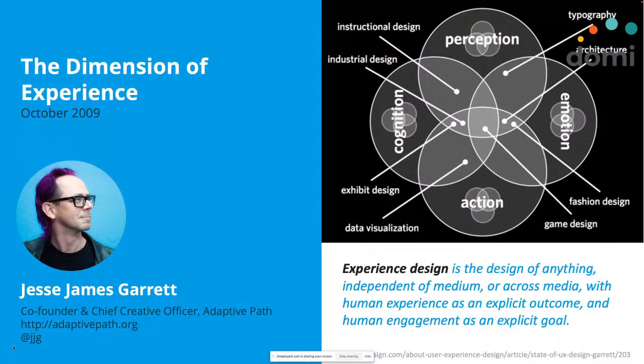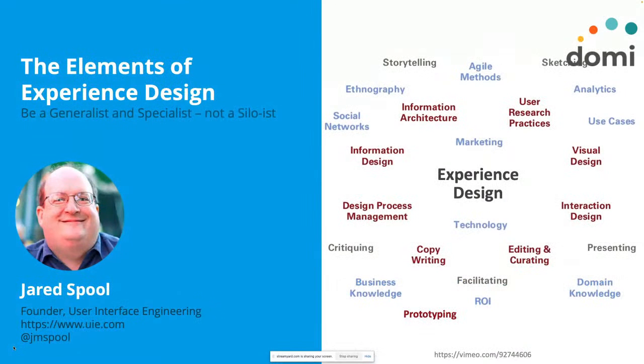So perception, emotion, action, and cognition all come together in all of these various fields. So what I felt I need to learn continued to grow. This is Jared Spool, and he focuses on experience design. And so experience design goes in all kinds of areas beyond what I learned back in the day at FSU.